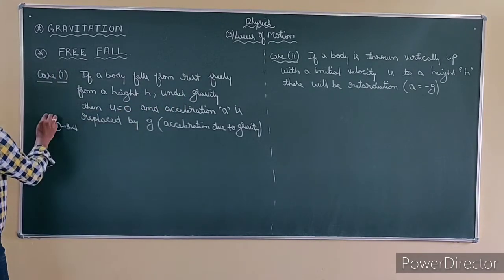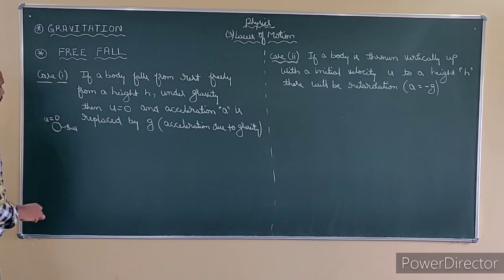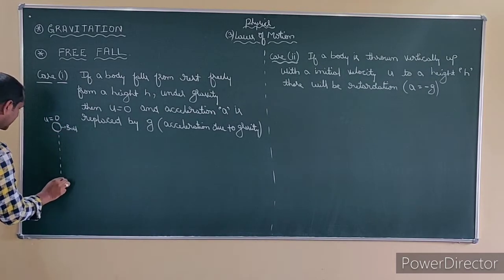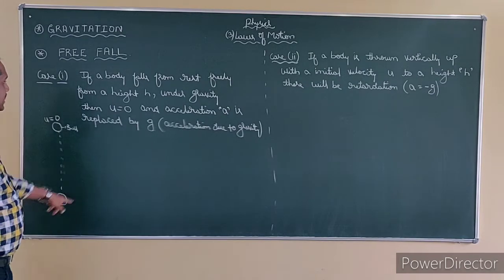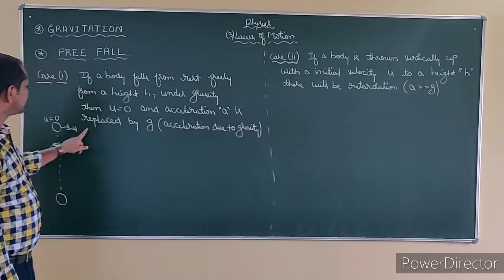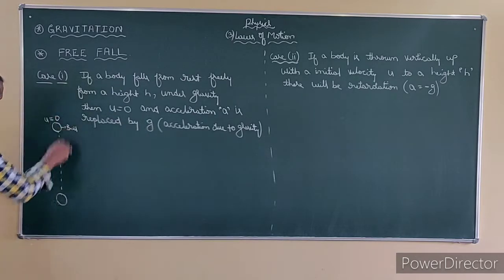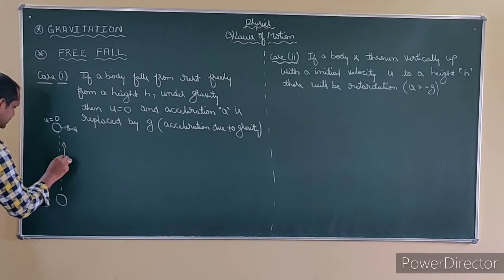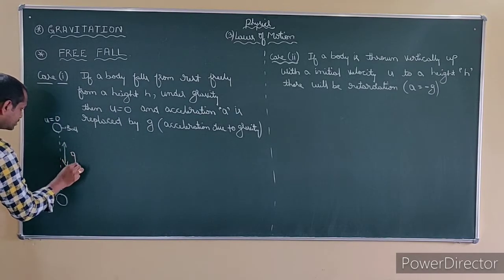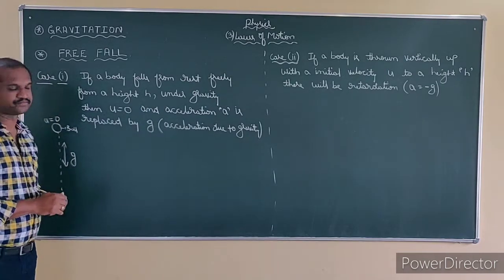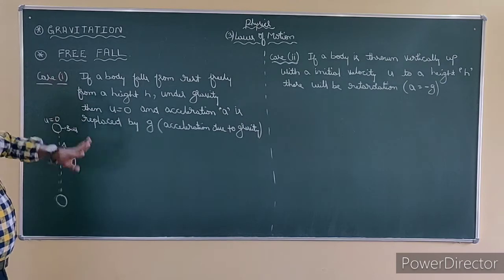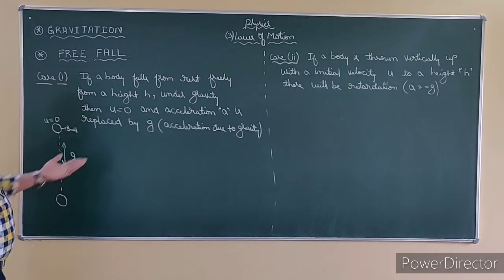That is, its initial velocity is 0. It falls freely under gravity and reaches here. Then acceleration is replaced by g. When it is falling, the acceleration is considered to be g, because it is acceleration due to gravity. So now what happens to the equations of motion?